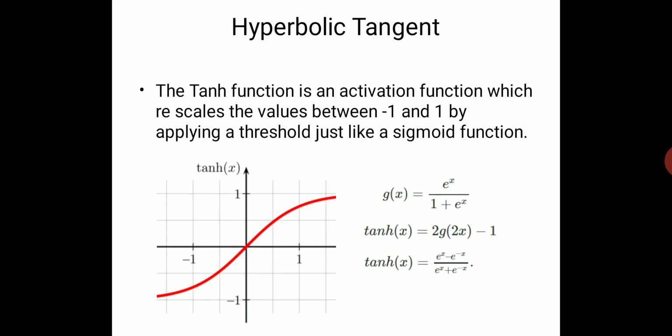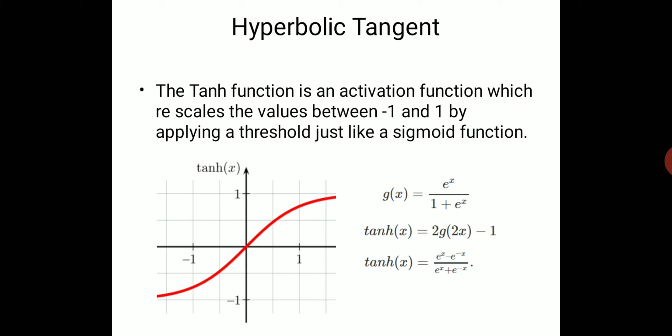Now another activation function is hyperbolic tangent, or we can say the tanh function. The tanh activation function is the modified version of the sigmoid function, because in sigmoid function we cannot take negative values, so it is less effective in our neurons or neural architecture. By using the hyperbolic tangent function we can use the range between -1 and +1, by applying a threshold like the sigmoid function.